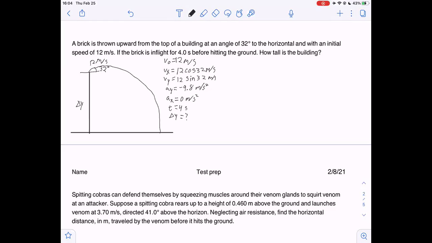So it's actually going to be the same one we just used, except in the y direction. So we're going to have our delta y is equal to our velocity in the y direction times time plus 1/2 a t squared. So we're looking for our delta y. We have our velocity in the y direction. We have time. We have our acceleration.